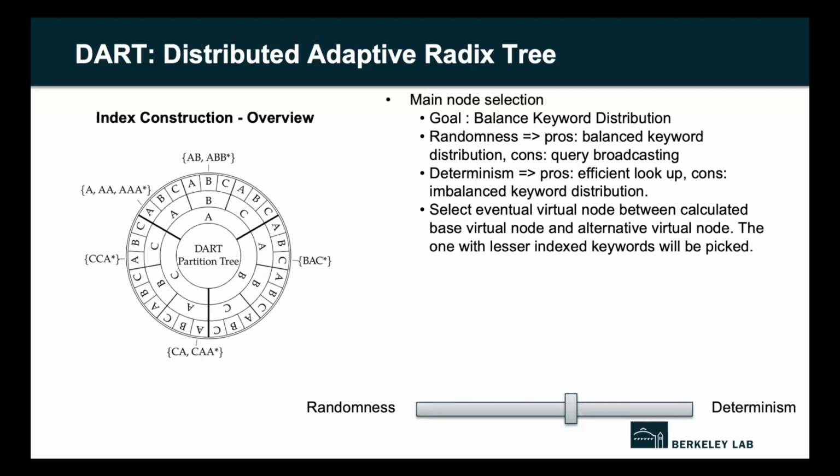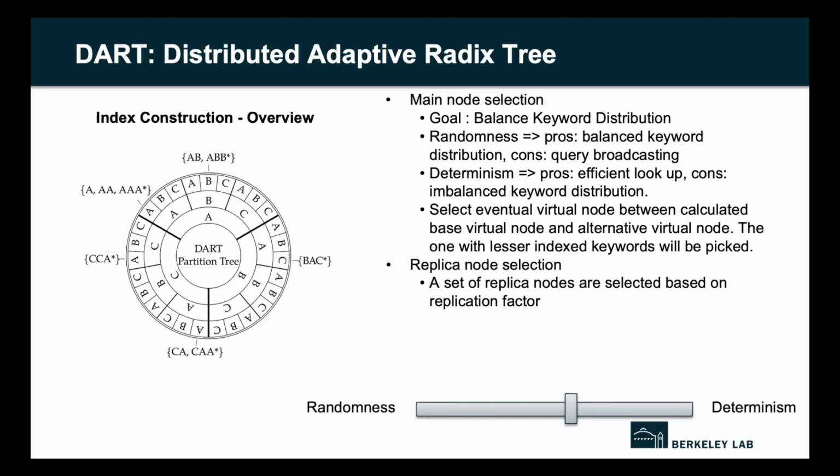The calculation of these two virtual nodes is very simple and can be finished very efficiently. Based on which one has the lesser number of index keywords, the eventual virtual node will be selected. After that, we need to deal with the skewness of keyword popularity, right?